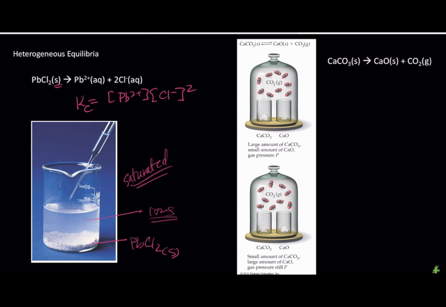The part that dissolves then dissociates, producing those ions, right? But there is also still some solid PbCl2 present, and there must be solid present in order for equilibrium to be reached, right? Because that means both the forward and the reverse process are happening. We have the production of ions and simultaneously precipitation back into PbCl2 solid.